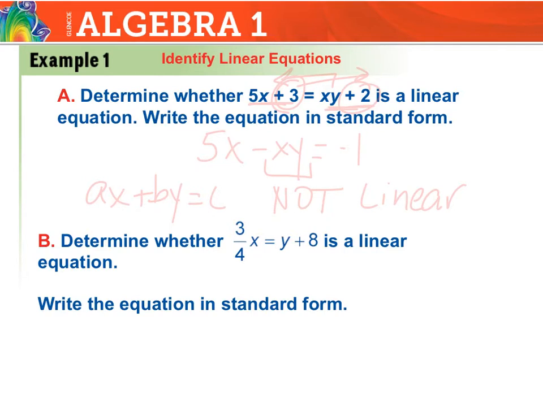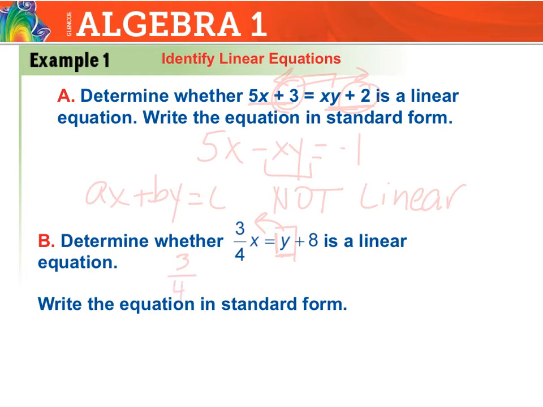Okay, second one: determine whether 3/4 x equals y plus 8 is linear. Again, we want to do the same thing that we've been doing. Rewrite the equation so both variables are on the same side. All I really need to do is move y over here. It's a positive y on the right-hand side, so let's subtract.